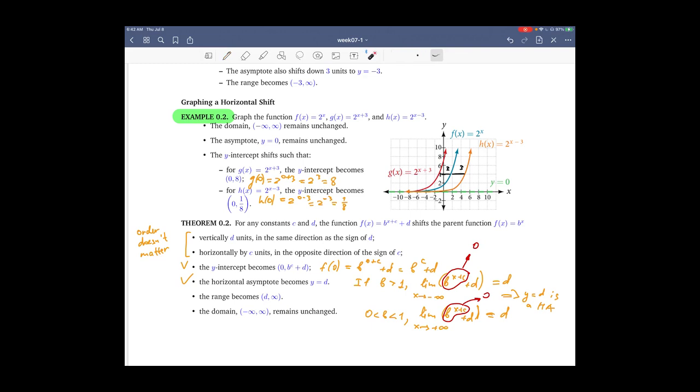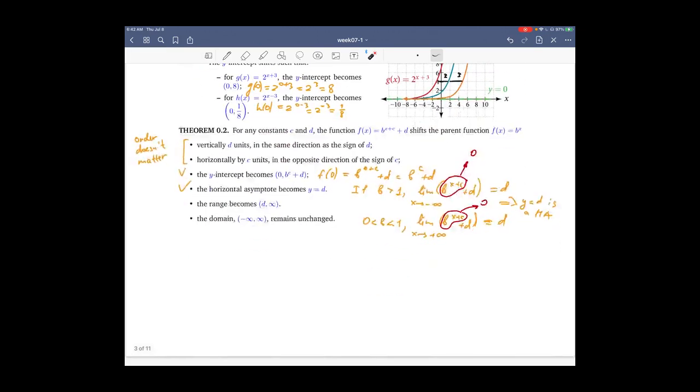The fact that the horizontal asymptote is y equals d implies the next conclusion, that the range is the interval d comma infinity. Why is that?